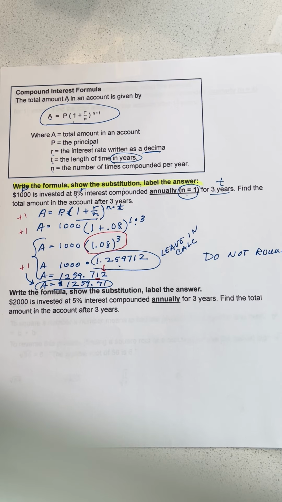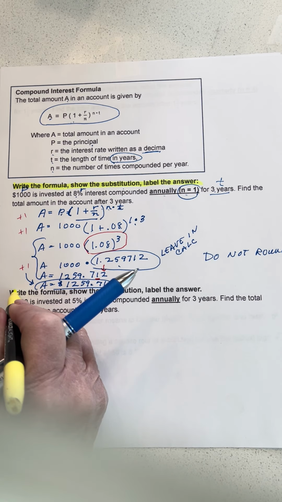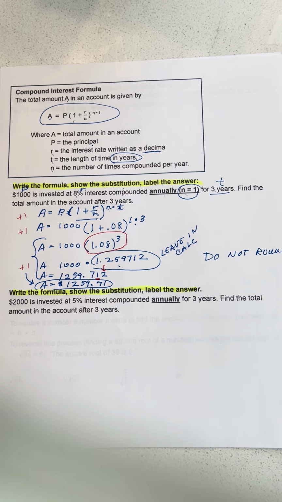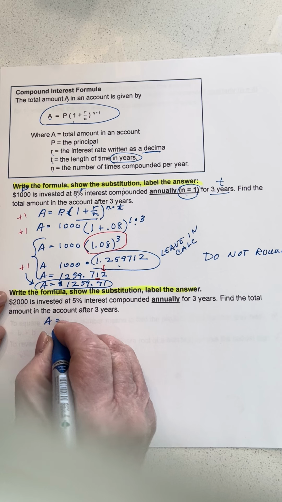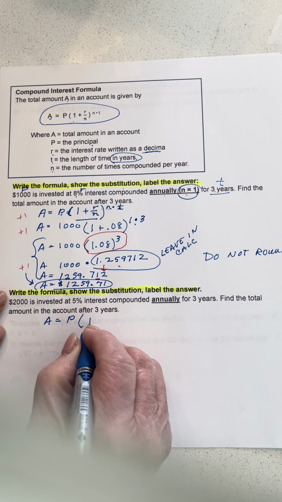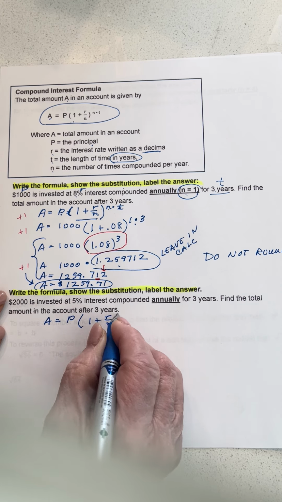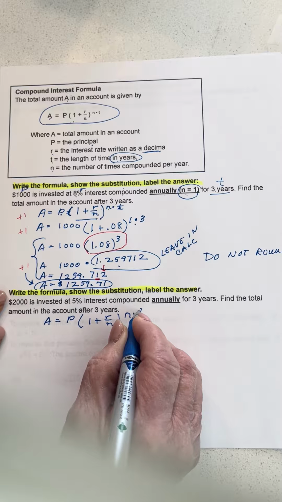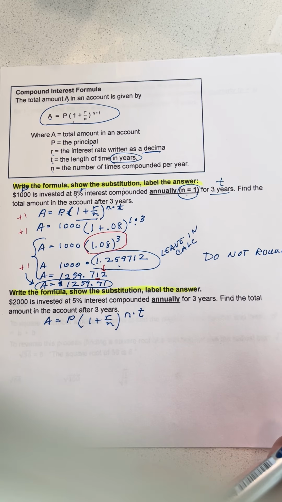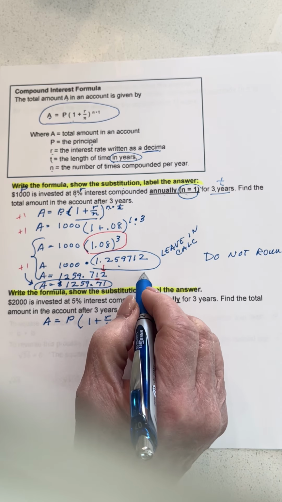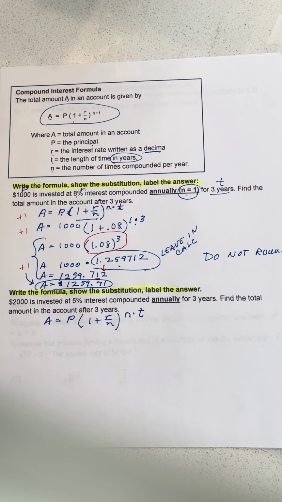Okay, again, we're going to do the next one. We're going to do these 3 things. So I'm going to write my formula first. I will give you that on the test, but if you want to make any notes about that on your little cheat sheet, like leave this in your calculator, that's up to you.